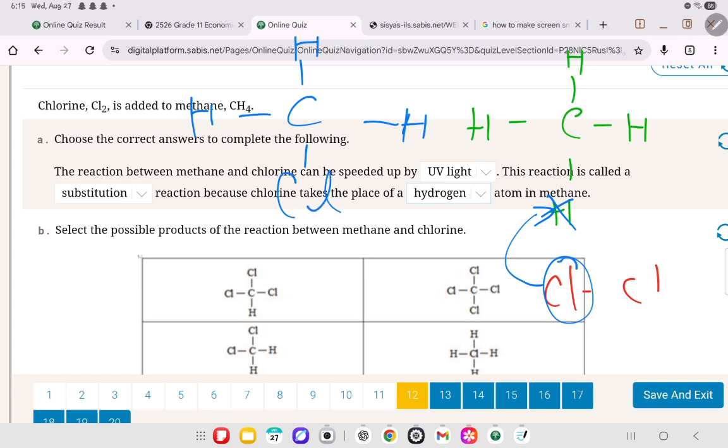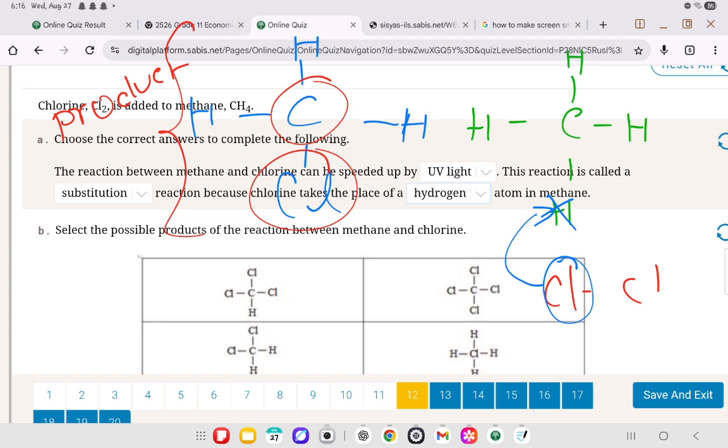Now, what is important to know is that as long as carbon is in the middle and there is a substitution, meaning that you can have some hydrogens but there's at least one chlorine taking the place of a hydrogen, then this is definitely going to be a product. So what are the two conditions for it to be a product? There should be carbon in the middle and there should be a substitution, okay?